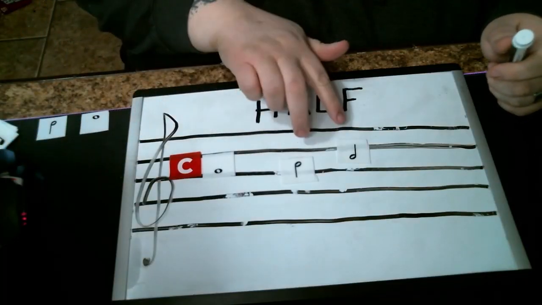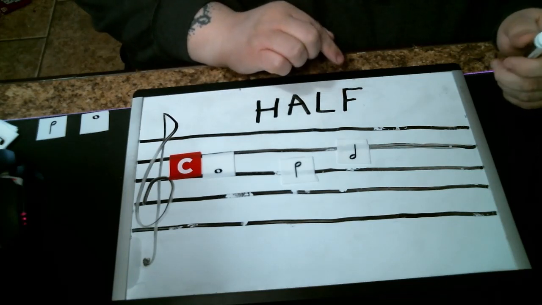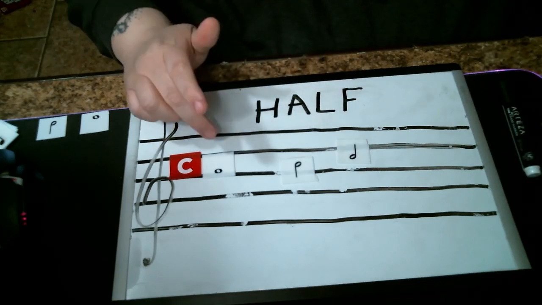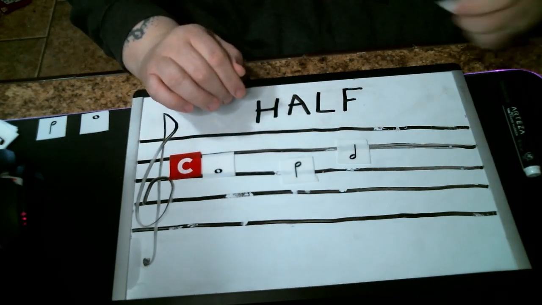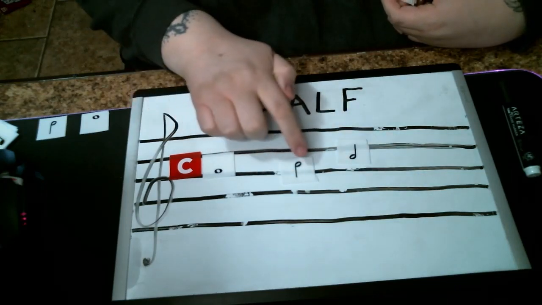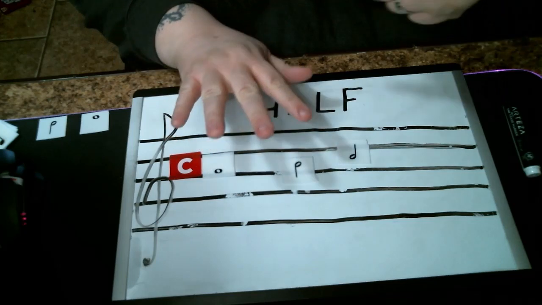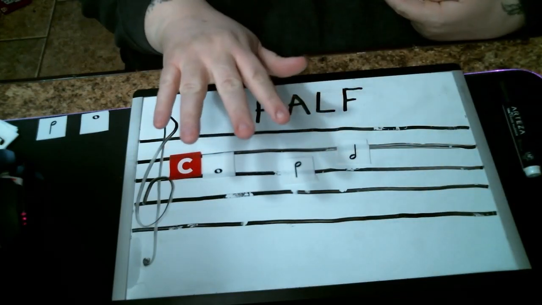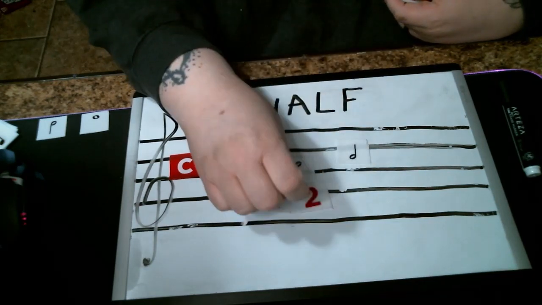Our next note right here is our half note. And it's called that because it's actually half of a whole note. Ooh, fractions, right? Oh, I didn't know I was going to do math today. Yes, you are. So a half note, well, if a whole note is 4 beats, if we cut that in half, we only are left with 2 beats. 1, 2.